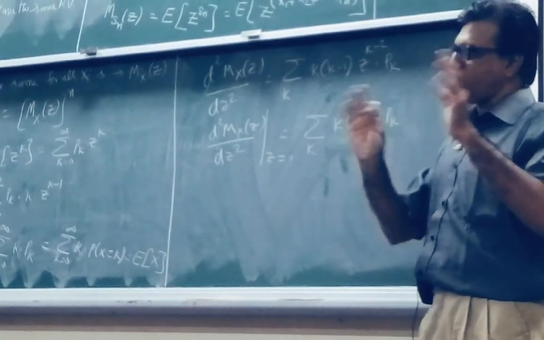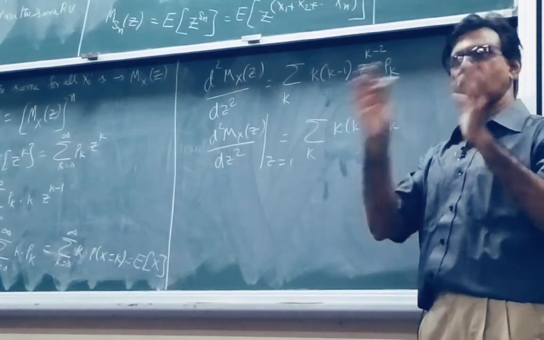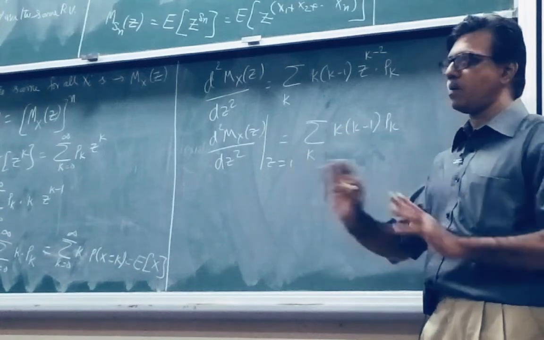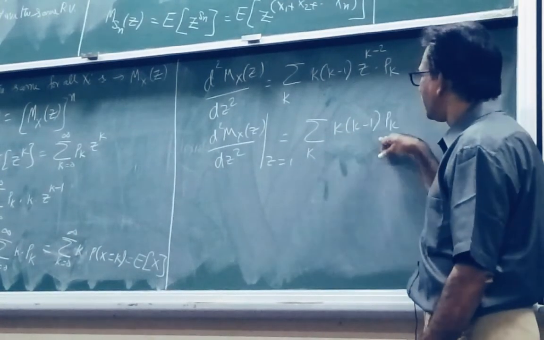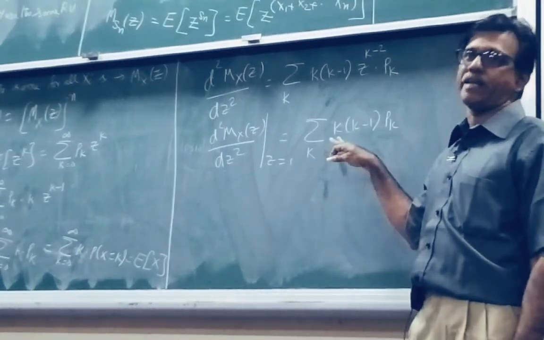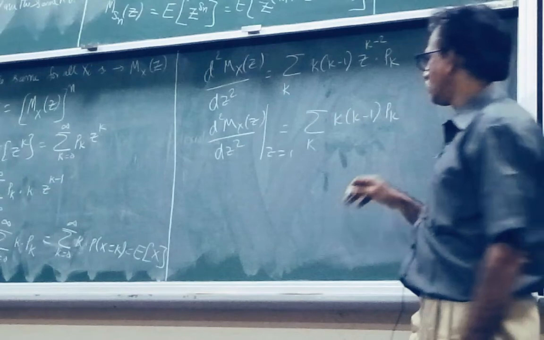See, we looked at the first moment, second moment and all those things. E of x is the first moment, E of x squared second moment and so on, E of x power k, the kth moment. But this is not like that. It is k into k minus 1 and so on. So these also we will call moments, but they are called factorial moments.